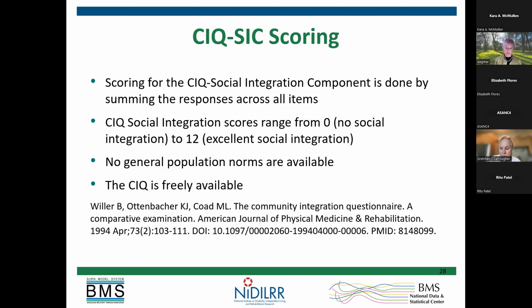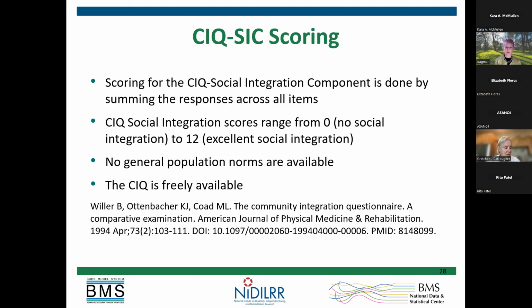The scoring is simple. It just sums item responses. It doesn't do any transformation of the score. The scores range from 0 to 12, 0 indicating very little or minimal social integration, and 12 excellent social integration.